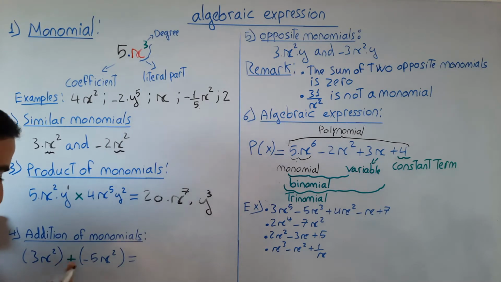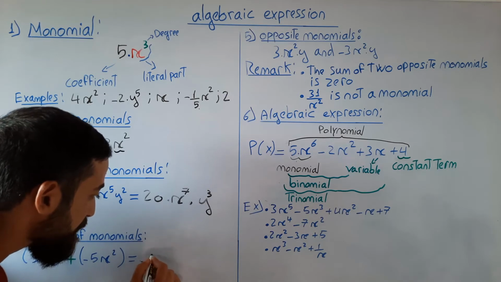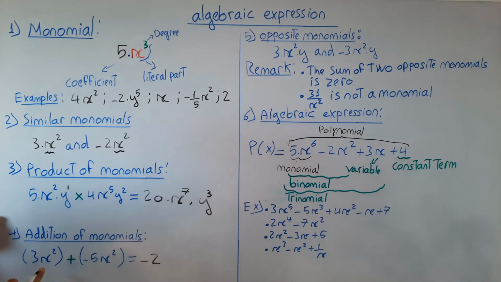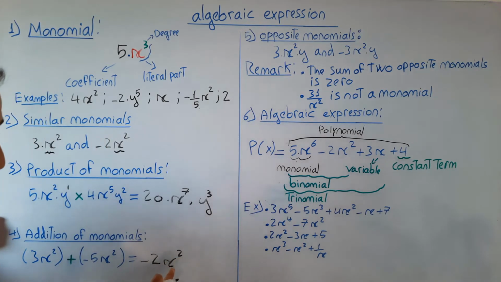So 3 minus 5 equals minus 2. And the literal part stays x², the same literal part. So we get minus 2x².